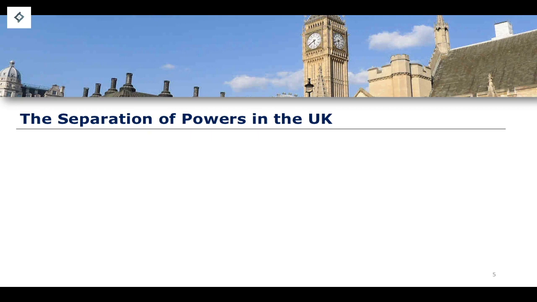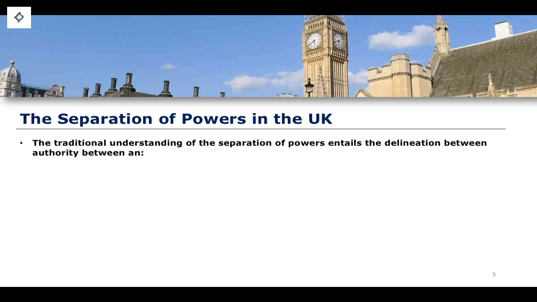So given that that's the rationale for the separation of powers, what do we look for when we see the separation of powers as applied to the United Kingdom? Well, ultimately, the traditional understanding of the separation of powers entails a delineation of authority between three major branches of government. We have an executive branch of government, we have a legislative branch of government, and we have a judicial branch of government.